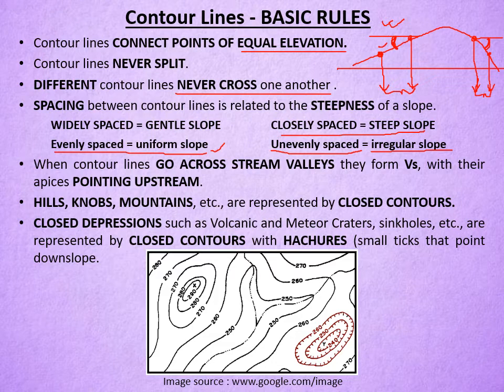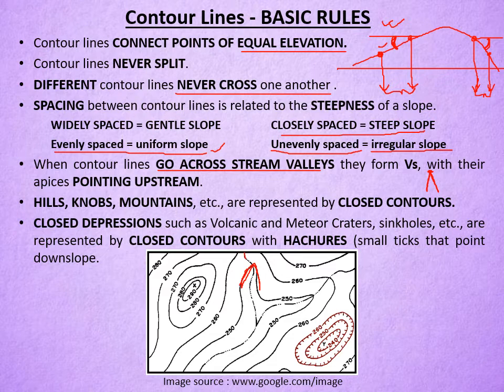When contour lines go across stream valleys, V-shaped contour lines are formed with their apices pointing upstream. So V-shaped like this one, with their apices, that means the pointing tip, indicating the upstream. You can see in this picture, here it is a 250-meter contour line and you can see the V here. So this one is the flow direction of the river.